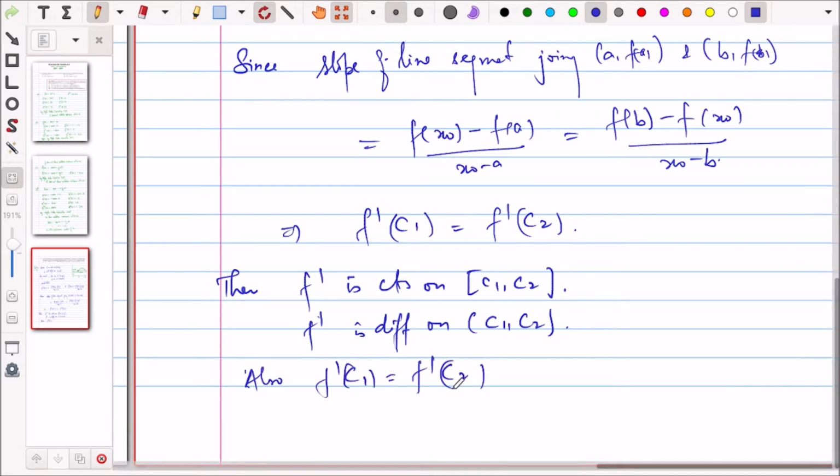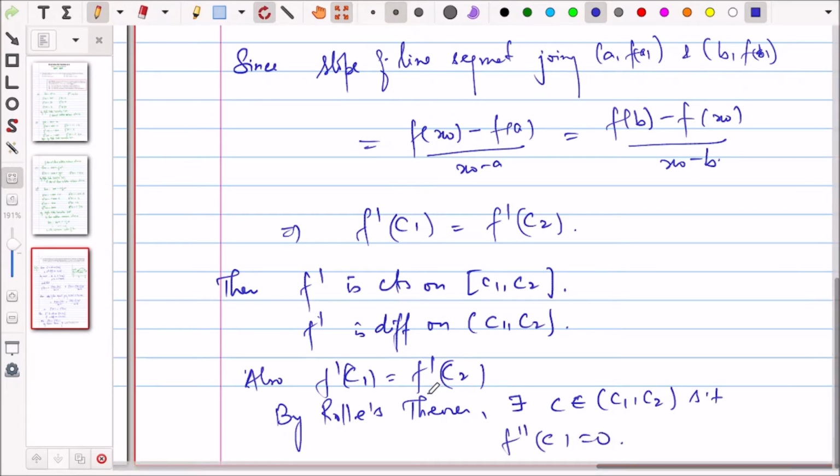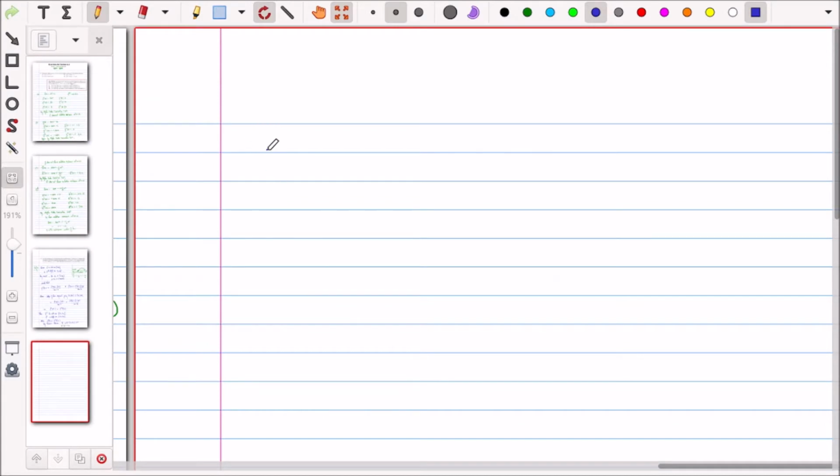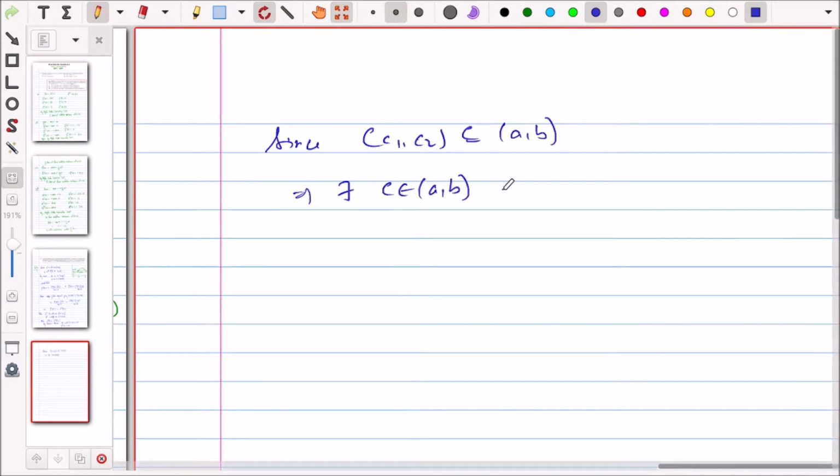So by Rolle's theorem, there exists c lying between c1 and c2 such that f double dash c is equal to 0. Since (c1, c2) is contained in (a, b), there exists c belonging to (a, b) such that f double dash c is equal to 0.